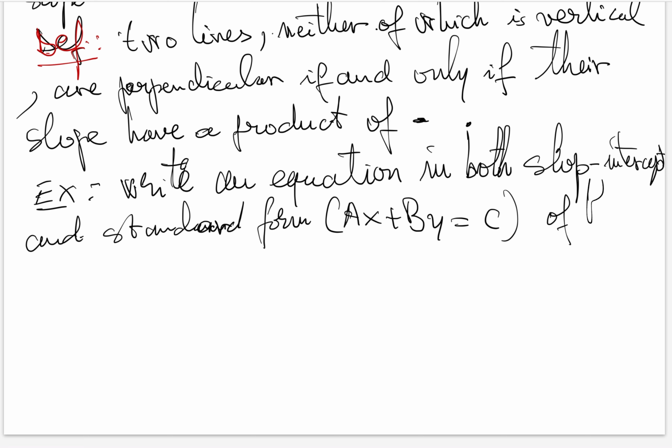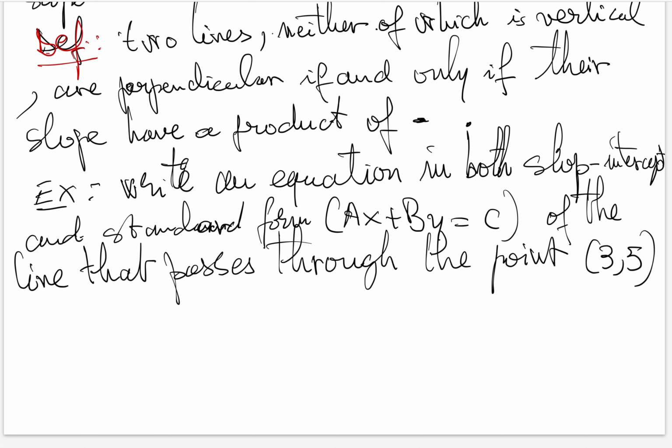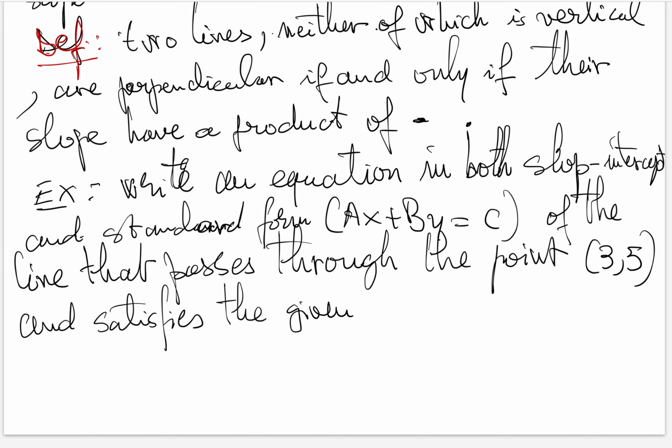Find the line that passes through the point (3, 5) and satisfies the given condition.